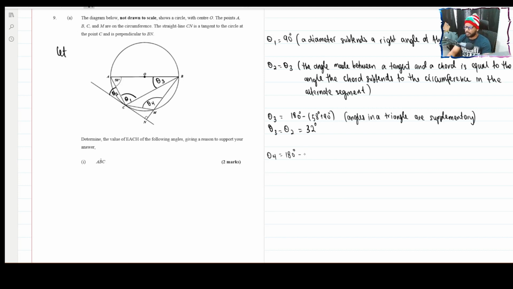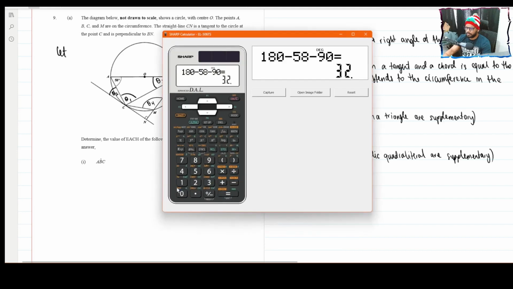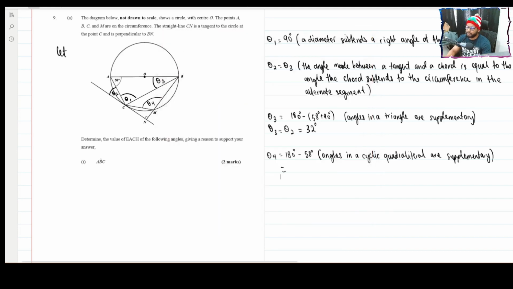Right, 180 take away 58 degrees, because angles in a cyclic quadrilateral are supplementary. So 180 take away 58 is 122 degrees.